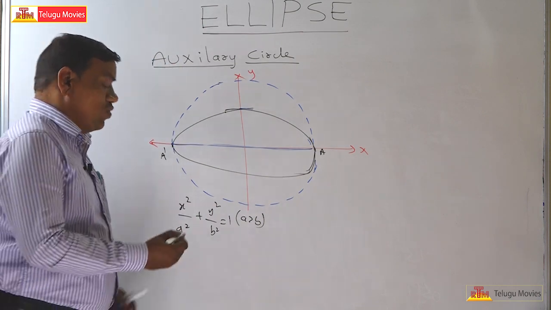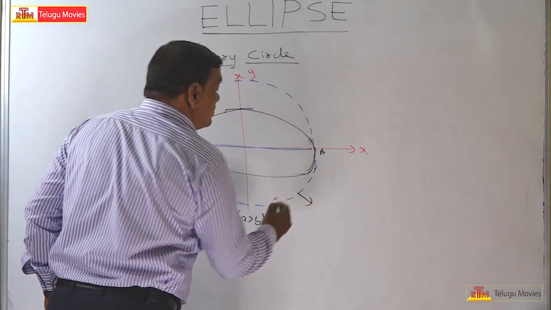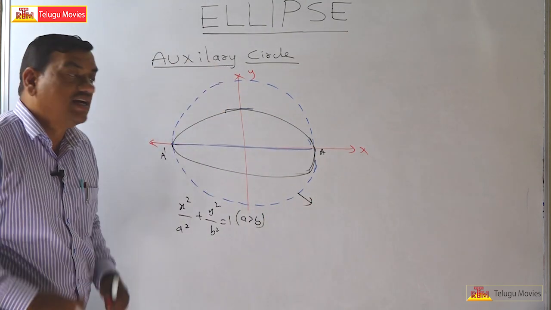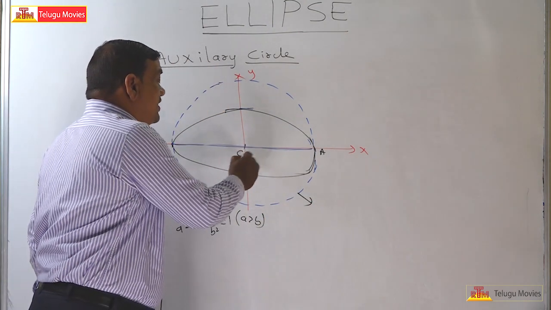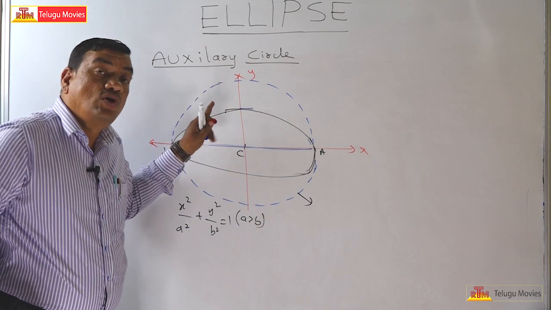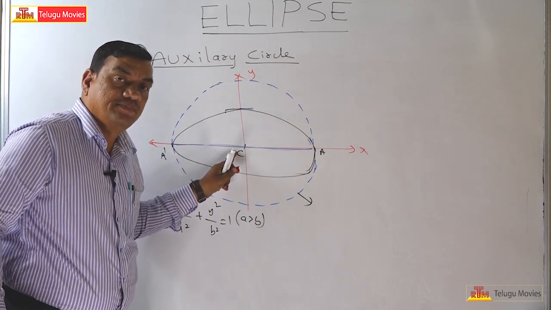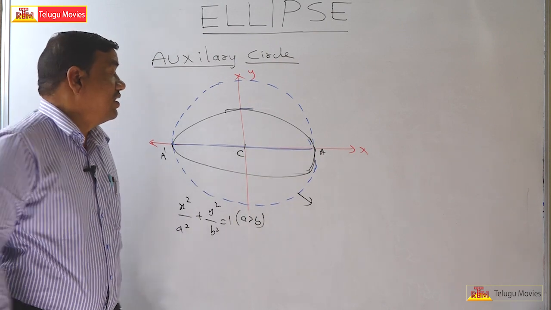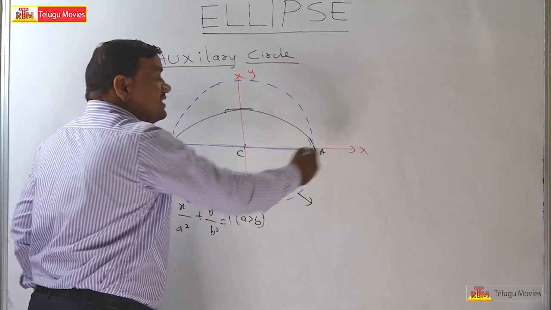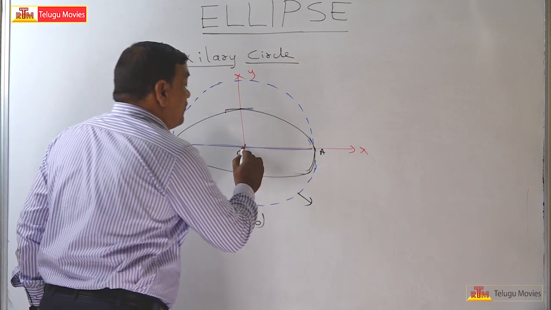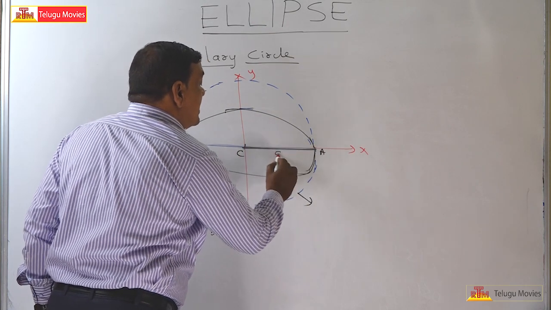Now, what is the equation of this auxiliary circle? Anybody can say. The first point is, for both the ellipse and the auxiliary circle, the center is the same. The length of the major axis is 2a, therefore the length of the semi major axis is a.